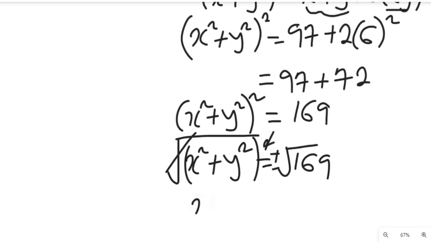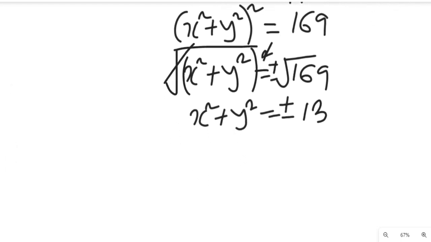So we'll be left with x square plus y square equal to plus or minus the square root of 169, which is going to give us 13. So if the square root of 169 gives us 13, we are going to see that we have x square plus y square to be equal to plus or minus 13.